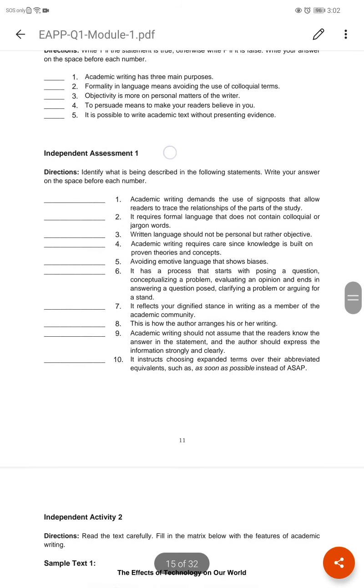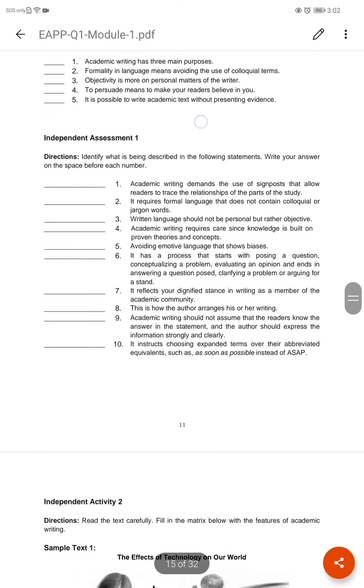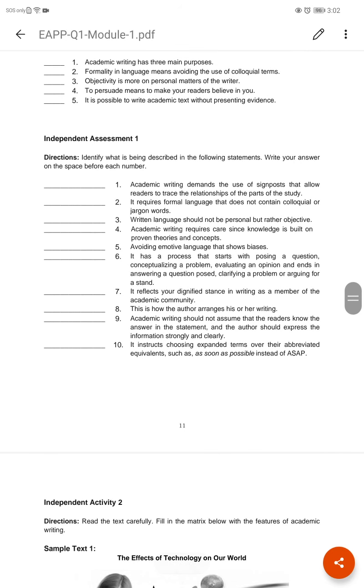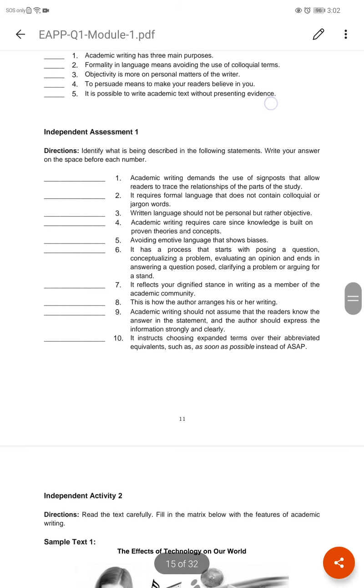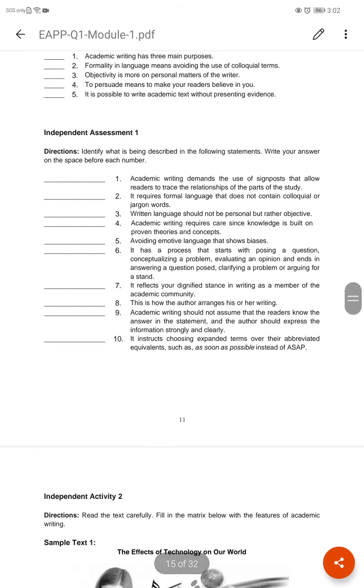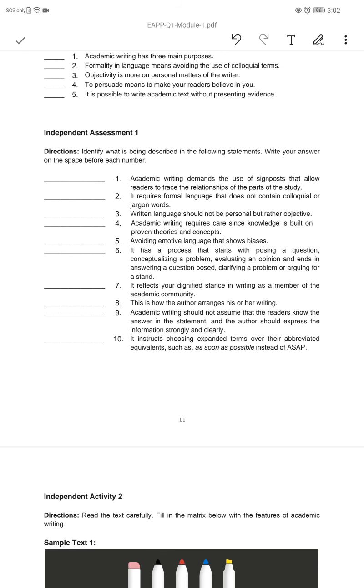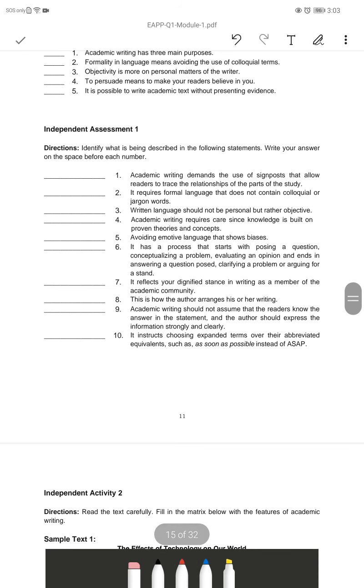Next one, independent assessment 1. In here, you are going to identify what is being described in the following statements. Write your answer on the space before each number. Guys, please, in this activity, make sure that you observe correct spelling. You may go back to the previous pages of the modules to ensure that your spelling is correct.